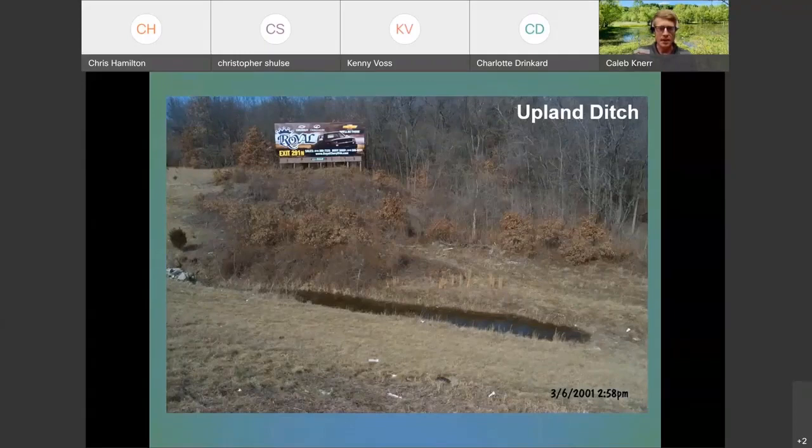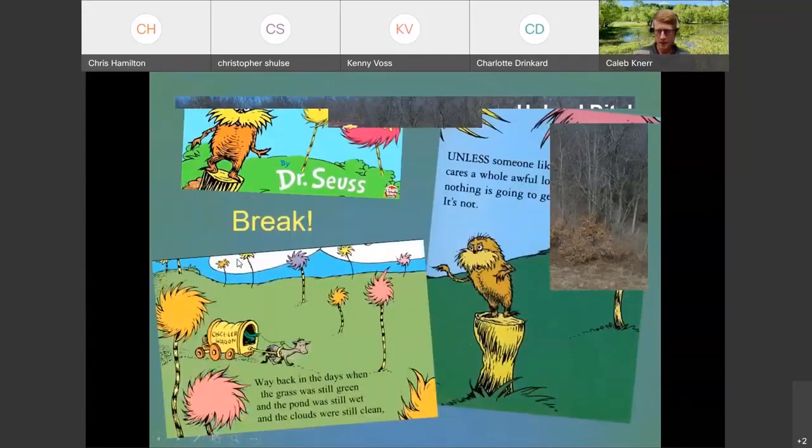So a lot of times we get questions from maintenance about these features, or we'll have consultants that delineate features like this that are essentially aquatic vegetation areas or wetland areas in a project area that we have to go out and determine whether or not it's jurisdictional. But a ditch constructed in an upland is not jurisdictional. And this is Route 71 in Jackson County.